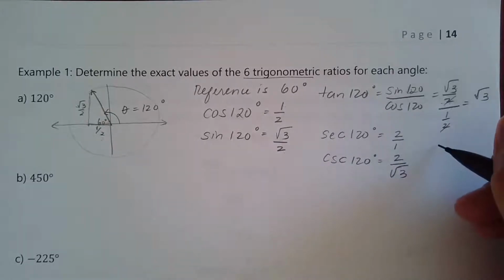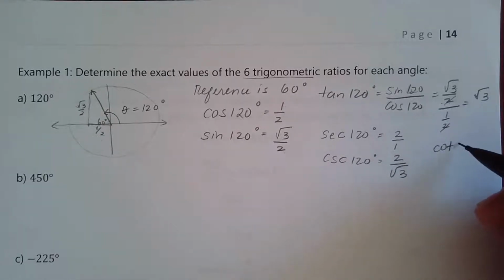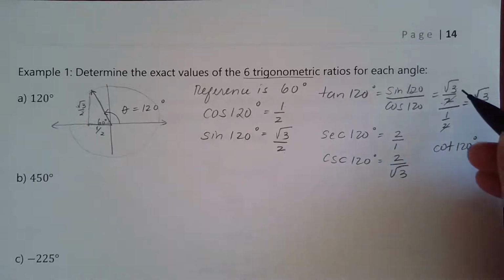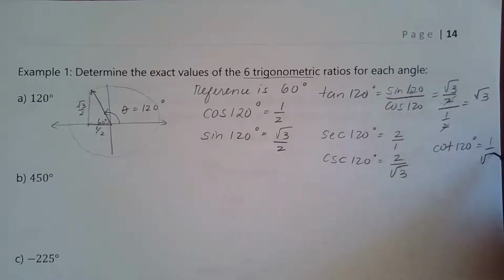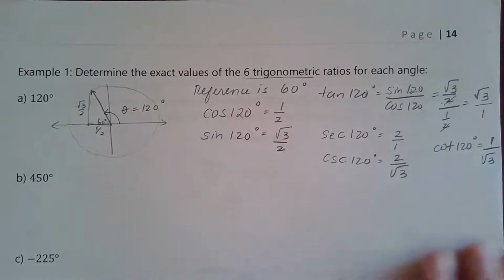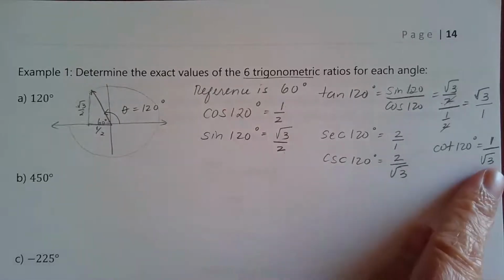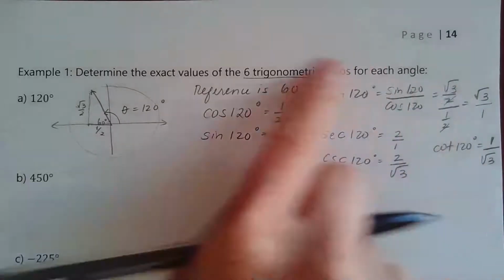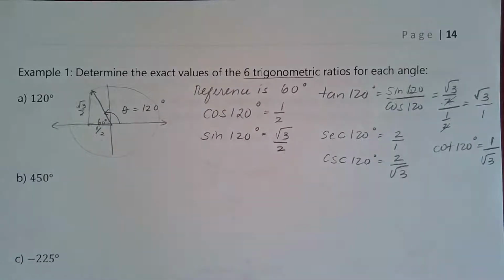And then the cotangent of 120 degrees is a reciprocal of tangent, which is 1 over root of 3. Okay, because this is root 3 over 1, so it's going to be 1 over root of 3. Okay, so that's a good question. From there we can figure out the whole solution.